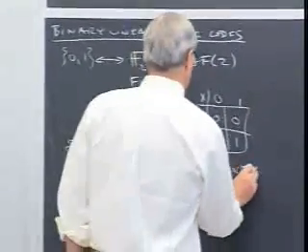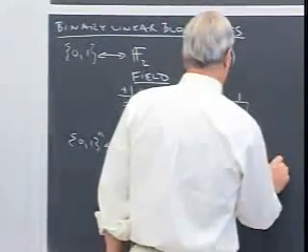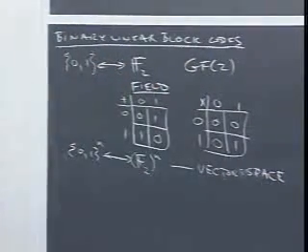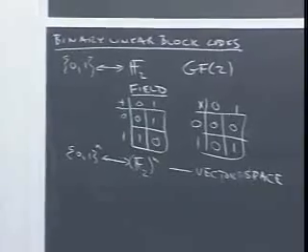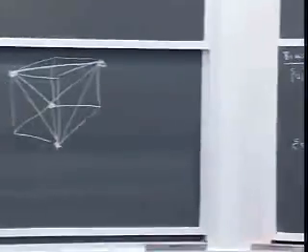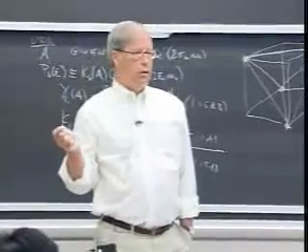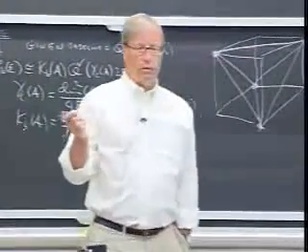Well, I'll just say that F2 to the n is a vector space, which clearly has 2 to the n elements. Now, again, informally, what's a vector space? A vector space is always over a given field. In this case, it's going to be over the binary field, of course, F2.